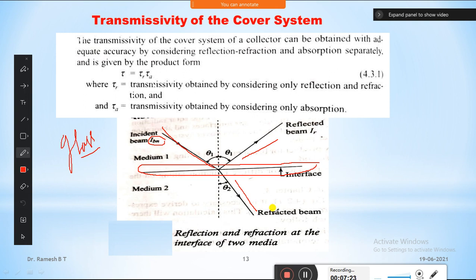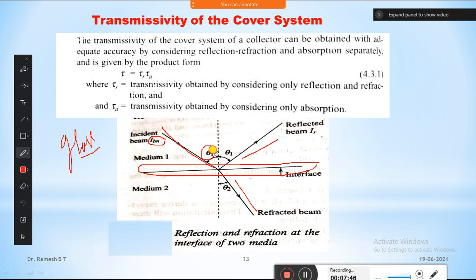Clear? And on the other hand, the directions of the incident and the refracted beam are related. See here, this is theta 1, the incident angle on the interface.